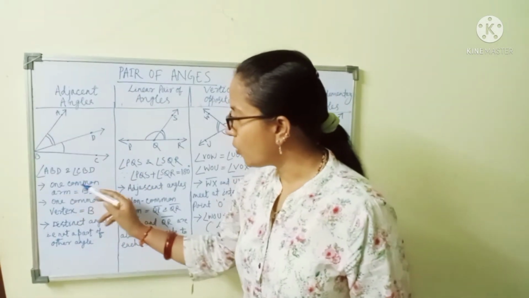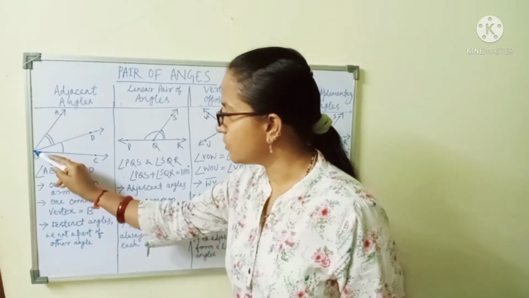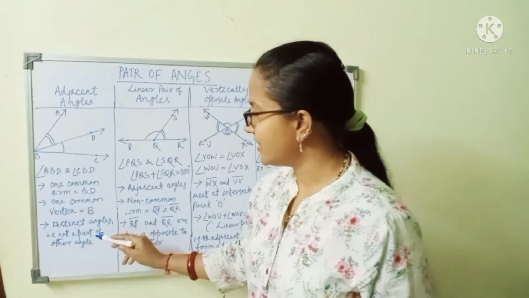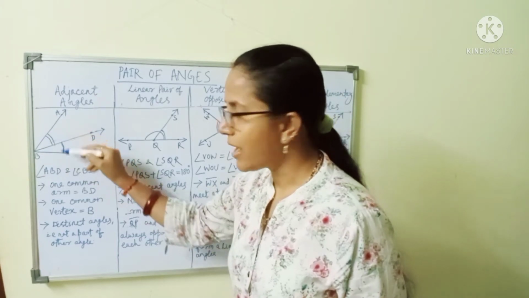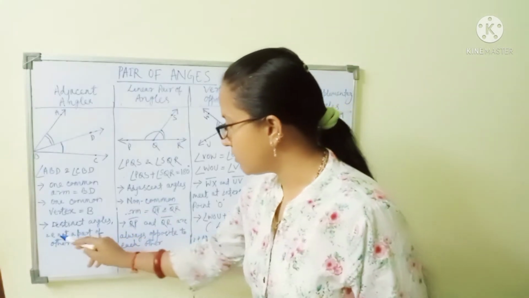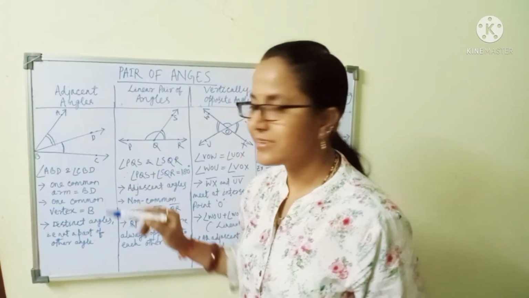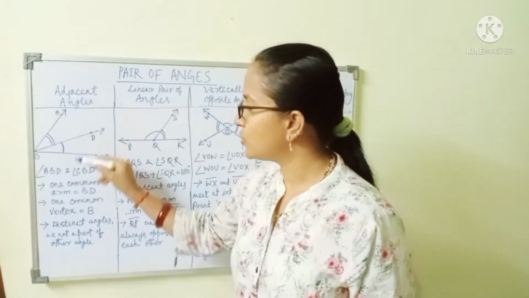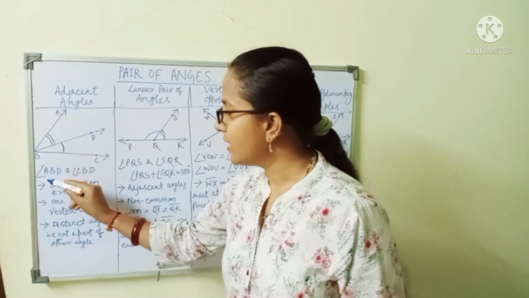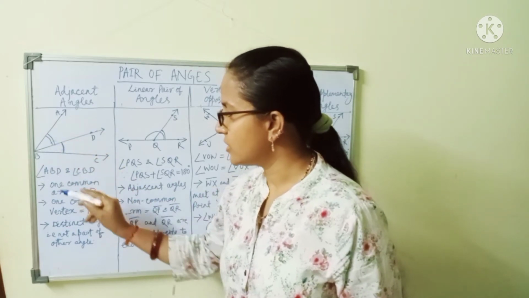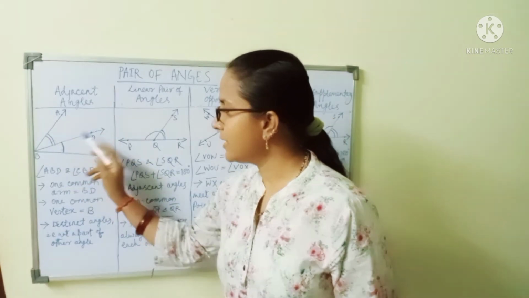Here we have one common arm, BD, one common vertex, B, and distinct angles. They are not a part of each other. So these are the distinct angles. We say angles are adjacent to each other when they are distinct. So the ABD angle is an adjacent angle of CBD.